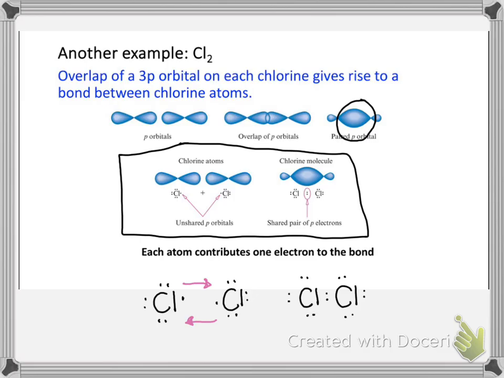So now if the chlorine on the left looks, okay, it sees 8, right? And that's stable. The idea of the octet rule, part of it was that the electrons would be shared so that an atom has 8 electrons.